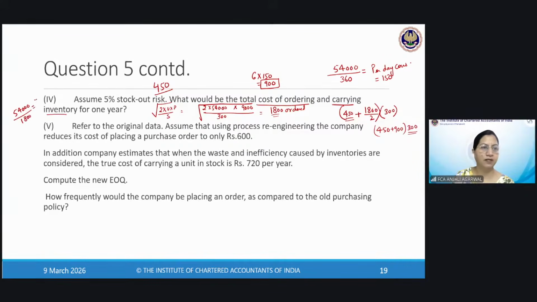So you are going to place 30 orders in a year, like every 12th day, and 30 into 9,000, 2,70,000 would be the ordering cost. And 900 into 300, 270 would be the carrying cost for the units consumed and ordered, plus another 450 into 300 for safety stock, right? So this is how you have to calculate.